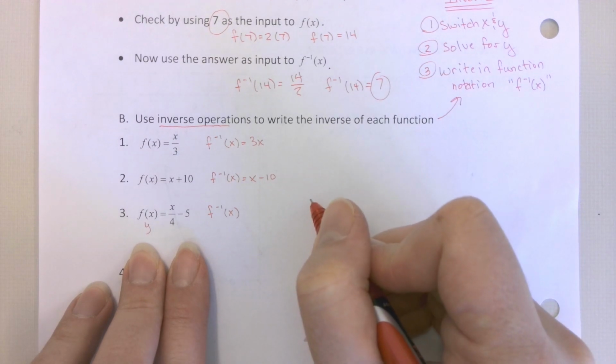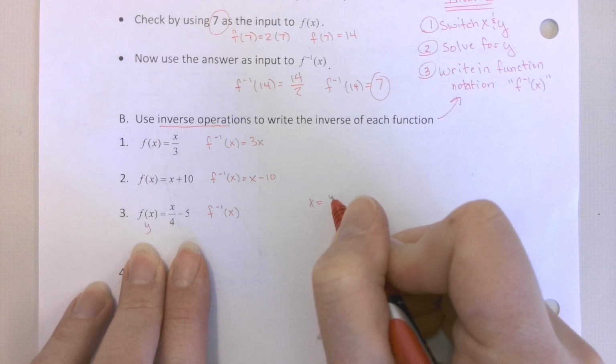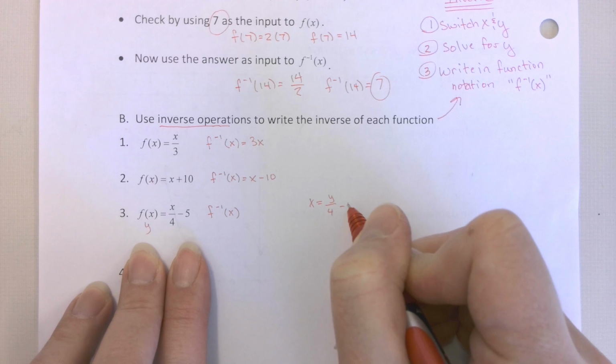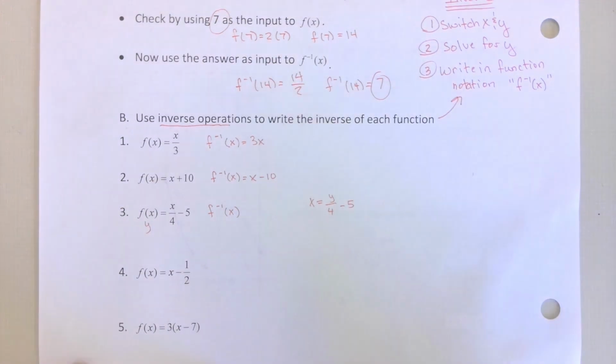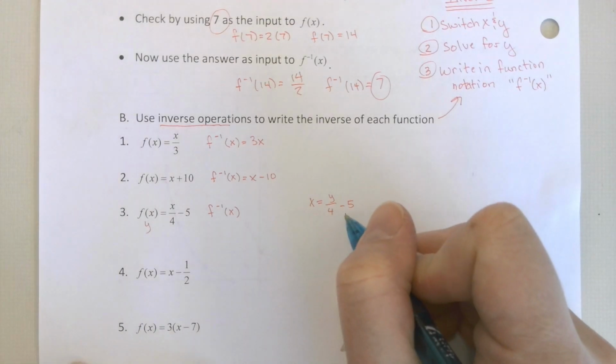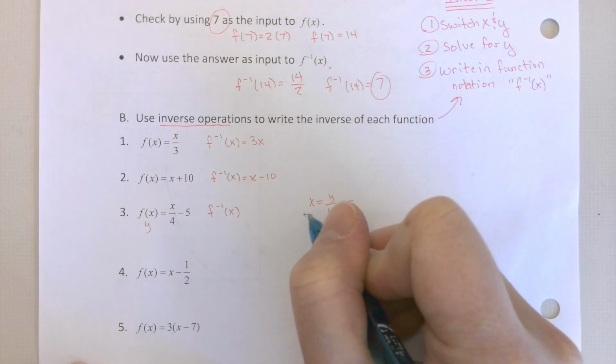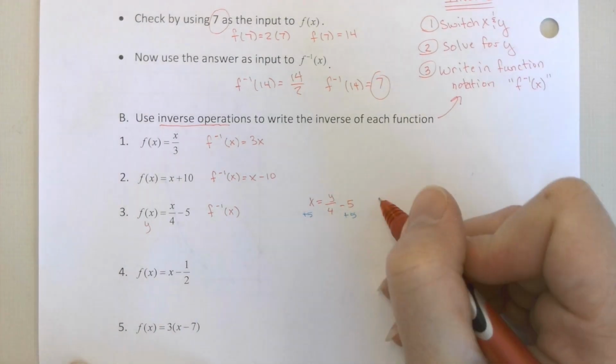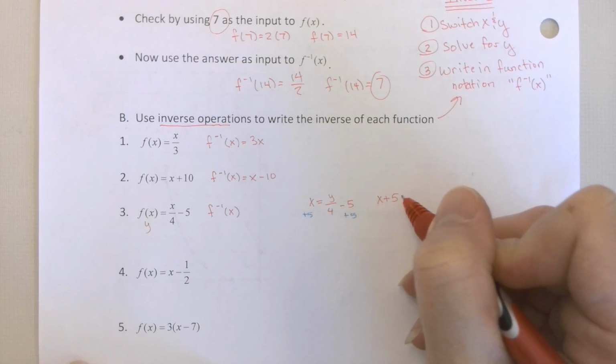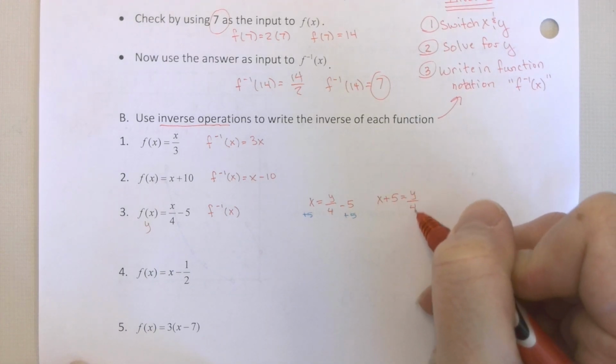It is going to be x equals y over 4 minus 5. When I start my inverse operations to solve this, I'm going to start by adding 5 to both sides, and I get x plus 5 is equal to y over 4.